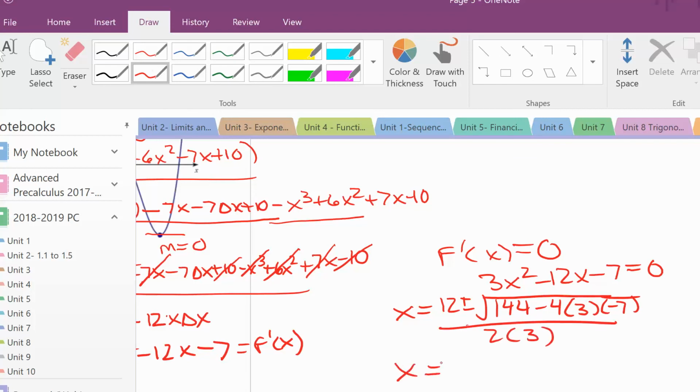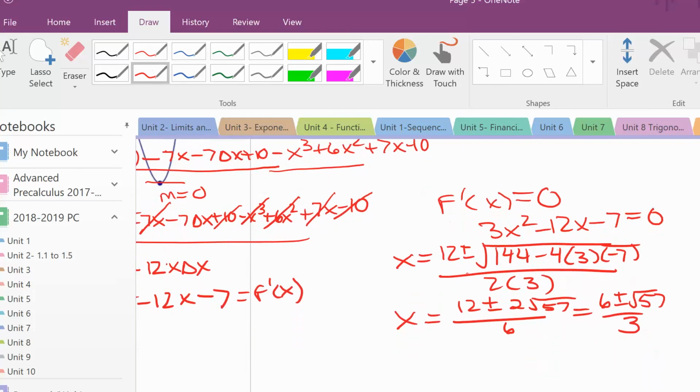When you simplify all that, you get 12 plus or minus 2 radical 57 over 6, which is equal to 6 plus or minus radical 57 over 3.